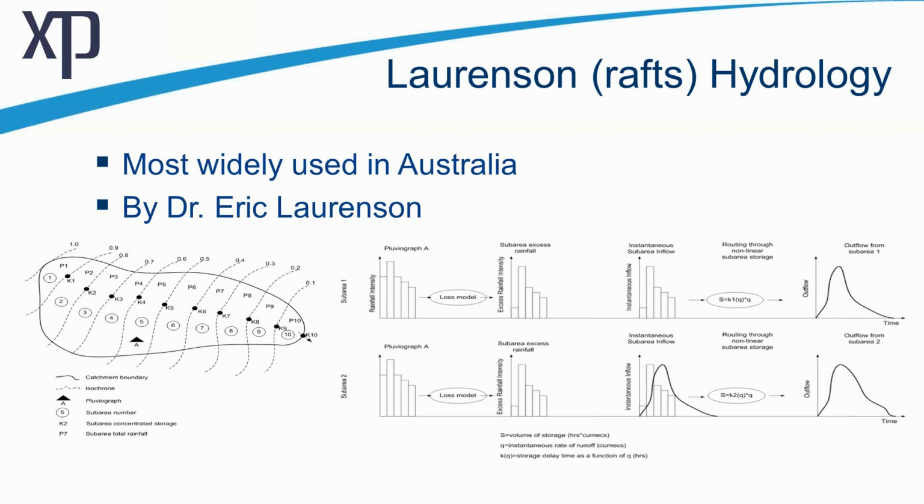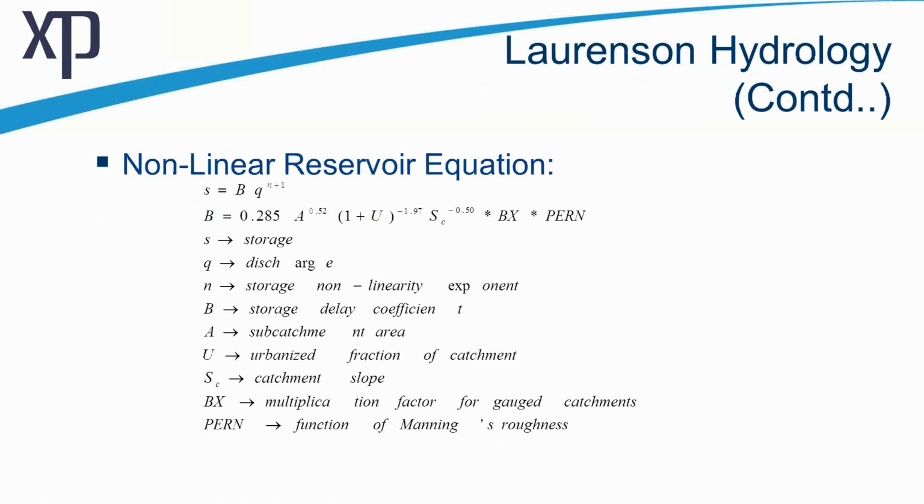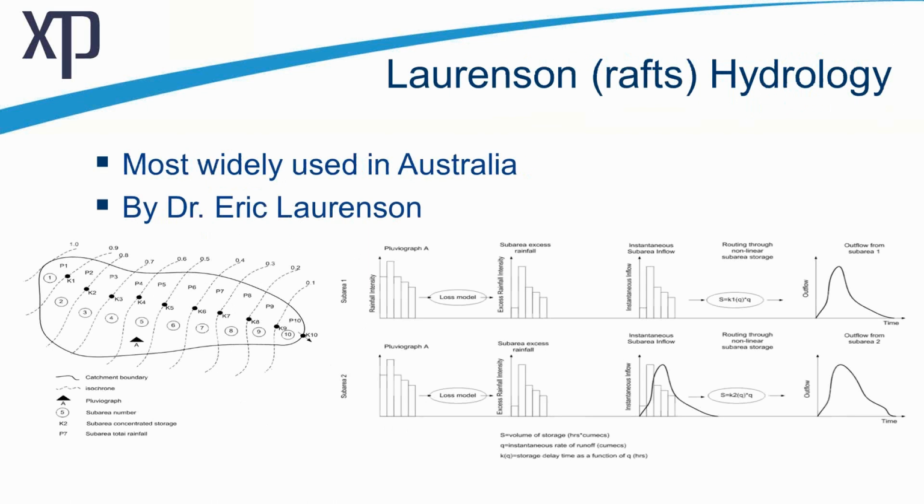Lawrenson's method, or the rafts hydrology, is definitely widely used in Australia, but it is also used in parts of the Asian areas, China, etc. And what this particular method does, it takes your total area, undertakes an additional calculation to subdivide any given sub-catchment into 10 equal areas, routes those through each other using a storage equation, and the result of that is a dynamic hydrograph.